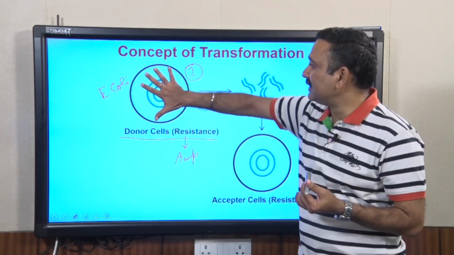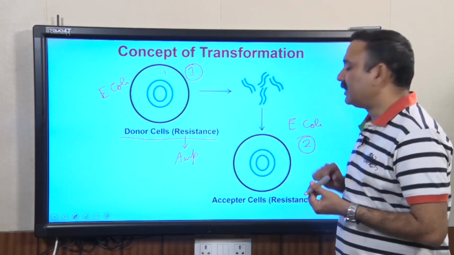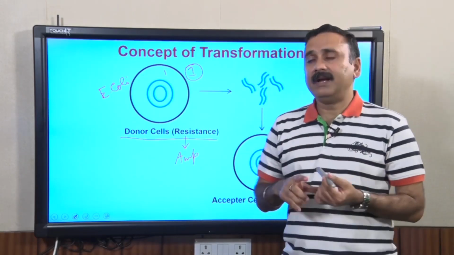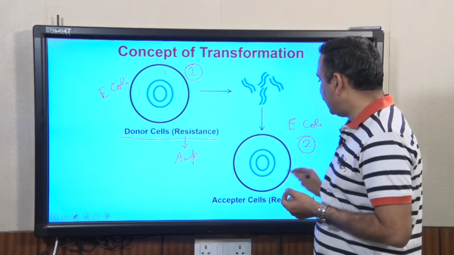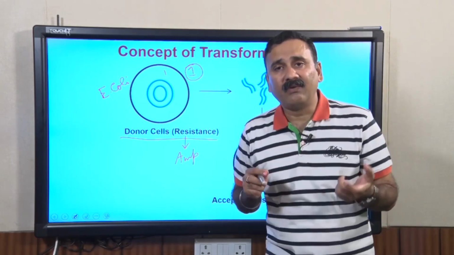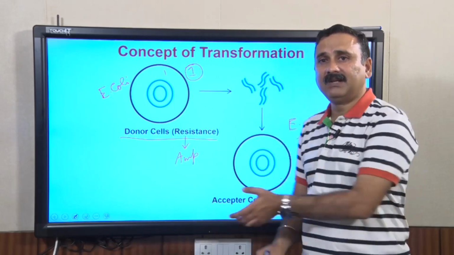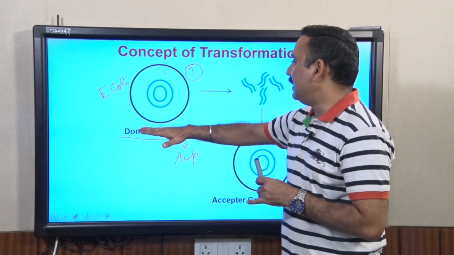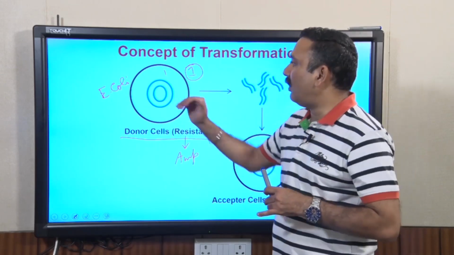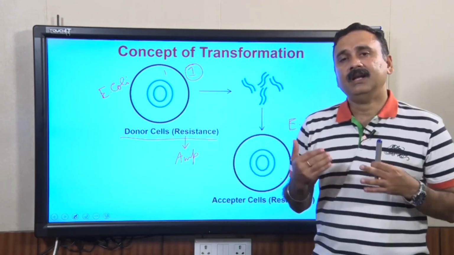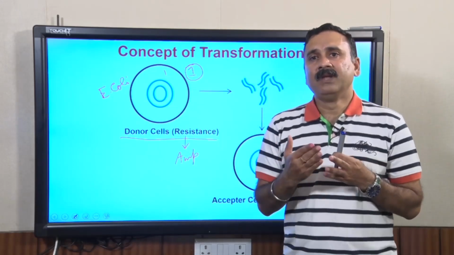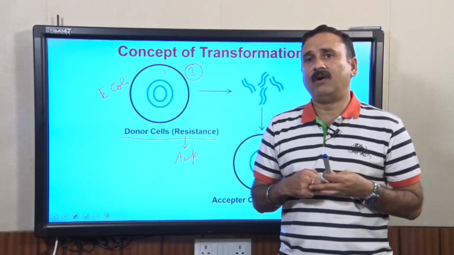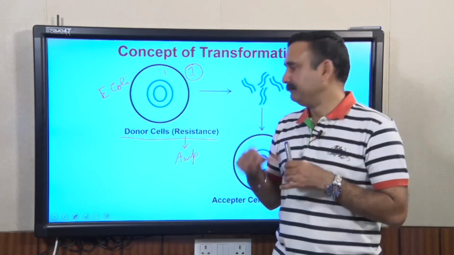The restriction methylase system of this bacteria and that of this bacteria should be identical, otherwise the DNA you put into the acceptor cell will not survive and will be degraded by the restriction methylase system of the acceptor cell. That is why the donor cell and the acceptor cell should be of similar species, so that their restriction methylase systems are compatible with each other, and that is how they will allow the propagation of the external DNA into the cell.